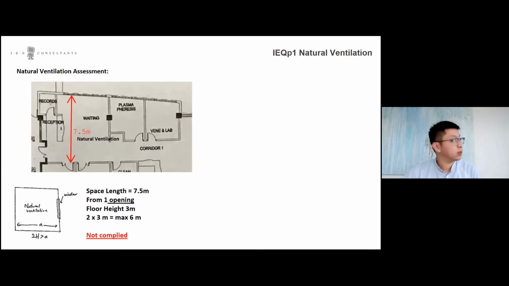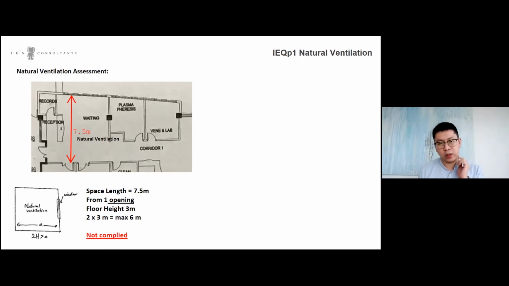If you look at this waiting area, it has a length of 7.5 meters. Assuming the floor height is 3 meters, the maximum allowed for one opening is 6 meters. In this case it's 7.5 meters, so it does not comply.